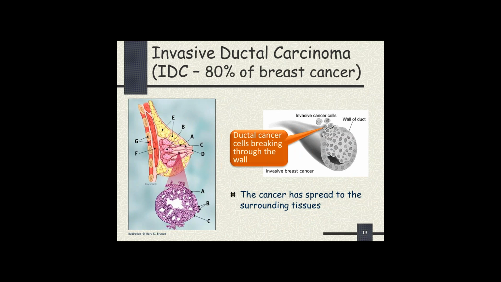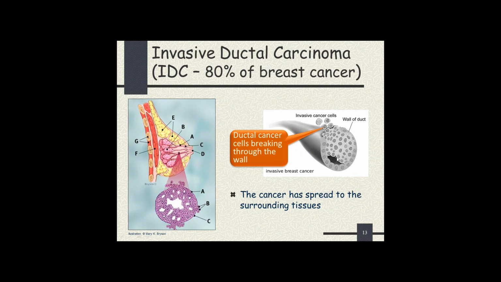The most common form of invasive or infiltrating cancer, and those are terms which are essentially synonymous, is invasive ductal carcinoma. This accounts for about 80% of the diagnoses of invasive cancer. And you can see that this also occurs in the terminal ducts.